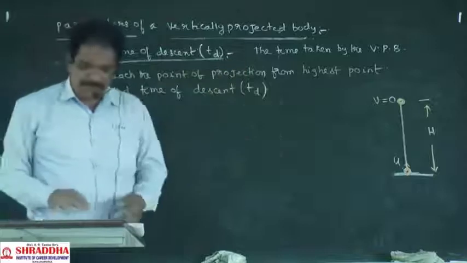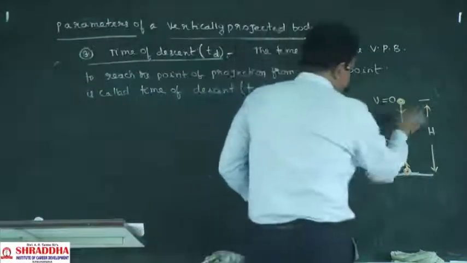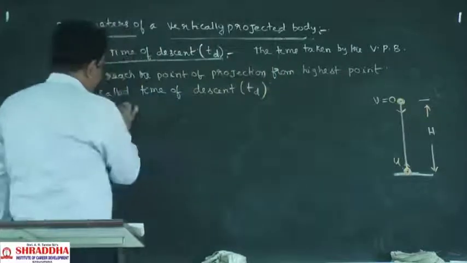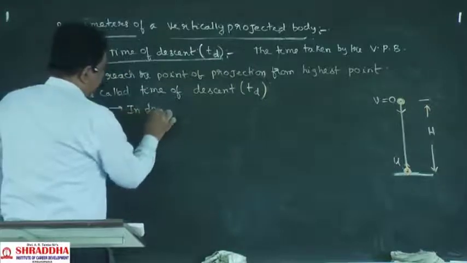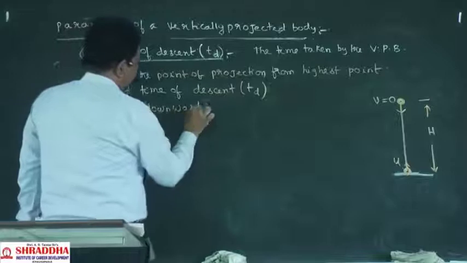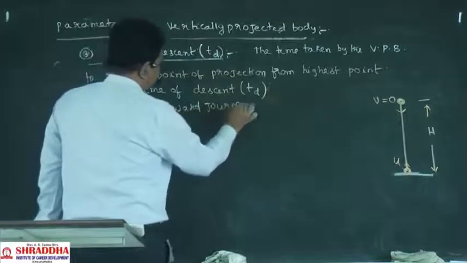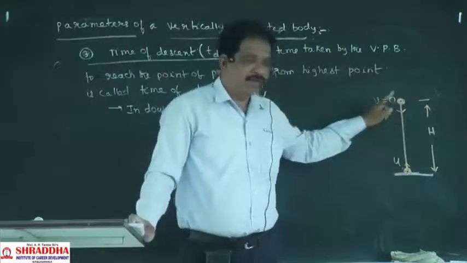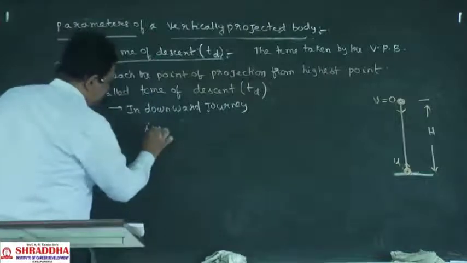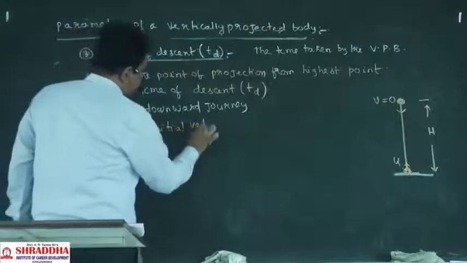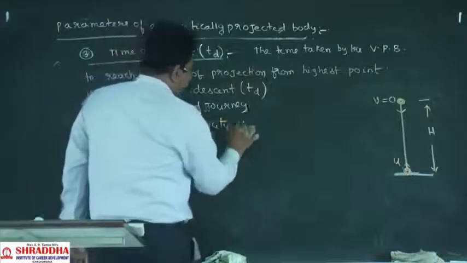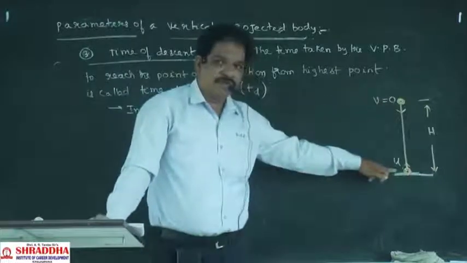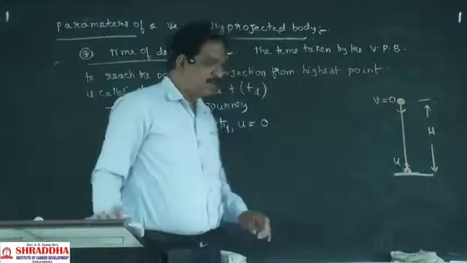The downward journey we will consider from here to here. This is the starting point we have to consider. There, what is the velocity? Initial velocity u is equal to 0. There is no velocity here. From there it has to come to here. It is just like a freely falling body.